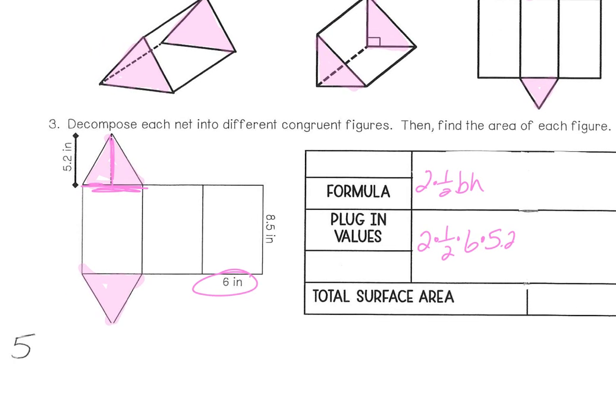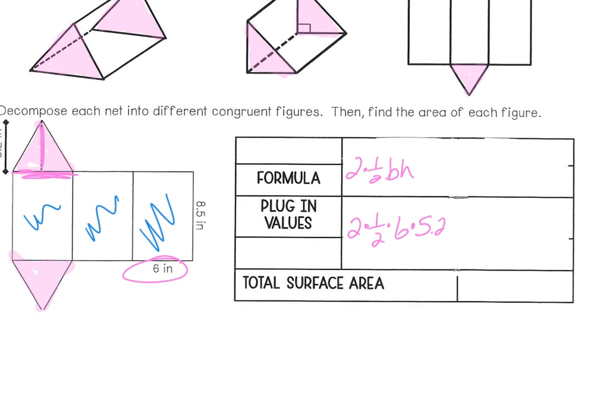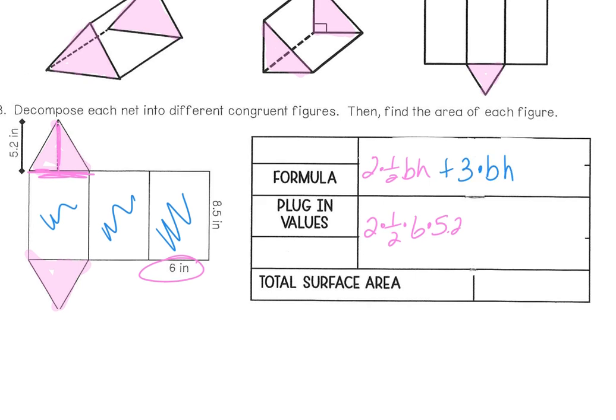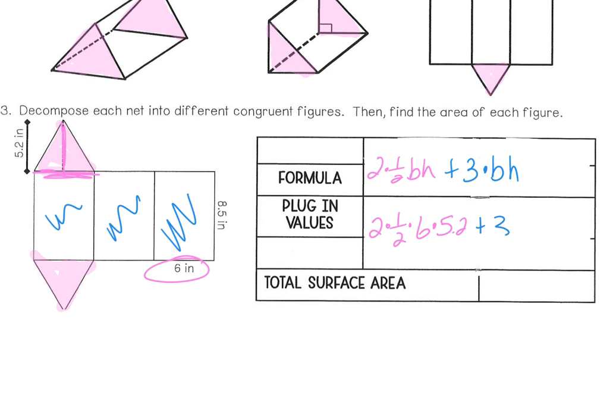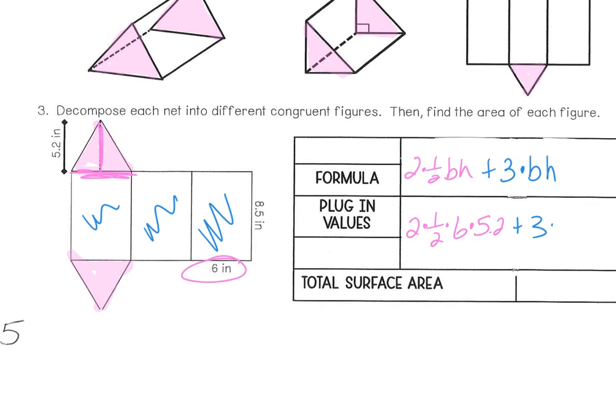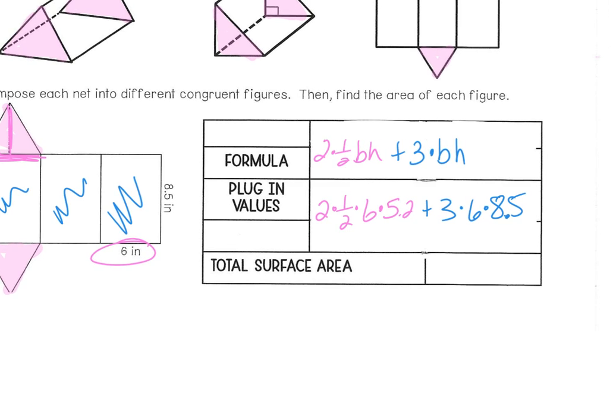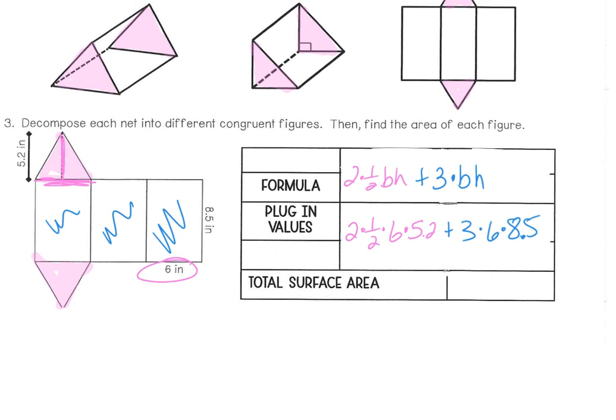And then for this one in particular, with the information we're given, we know that these 3 are exactly the same. So this time I'm going to have 3 times base times height of those rectangles. That is not always the case. So my base is 3 times 6 times 8.5. Okay, so again, those rectangles are not always the same. So please pause and go ahead and calculate that using your calculator.